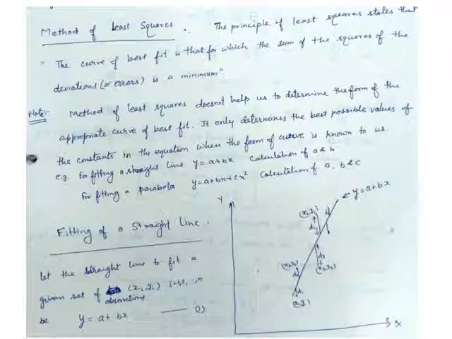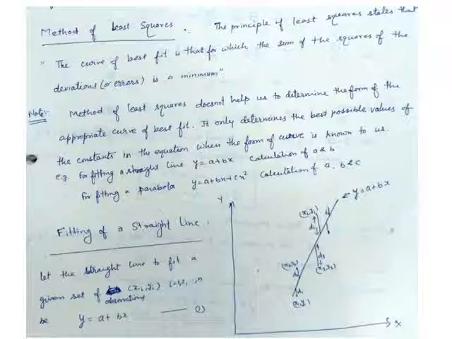The same graph we are discussing here is the fitting of a best straight line. So let us suppose the straight line to fit a given set of observations xi yi, where i is from 1 to n, is y equal to a plus bx. We assume this line as the best fitted line. In this assumption, a and b are not known to us.